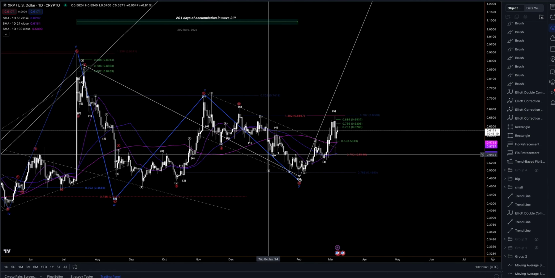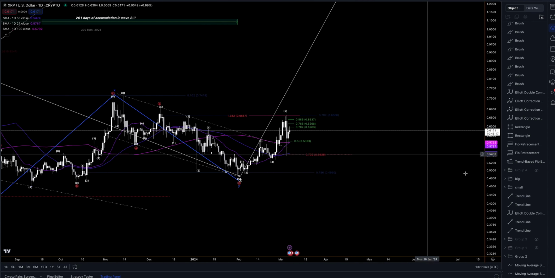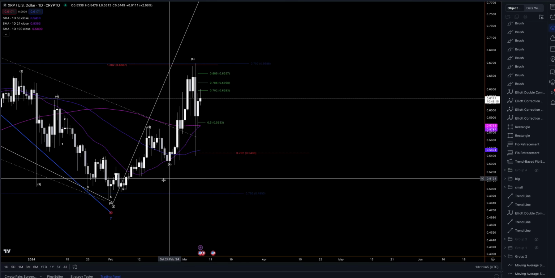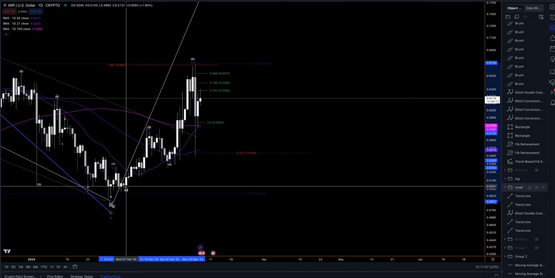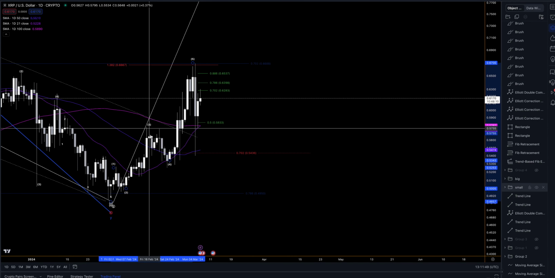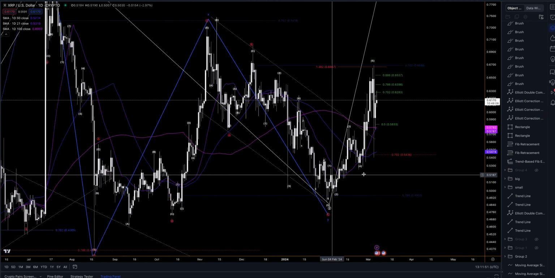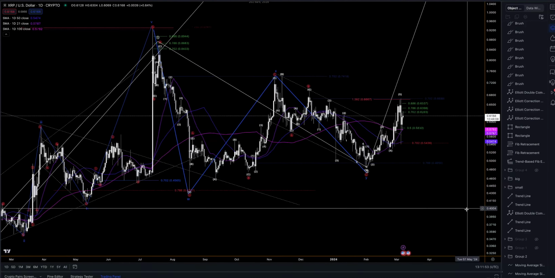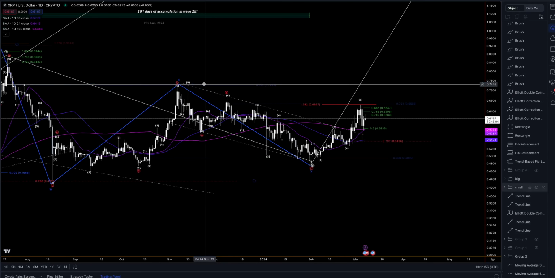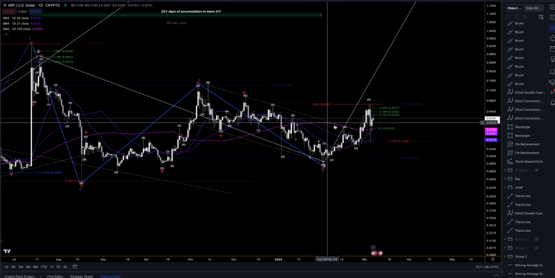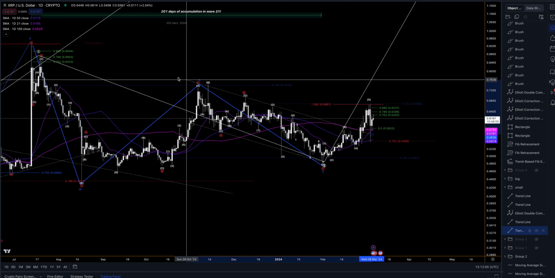Now we're above all of the moving averages, and we're starting our impulsive structure to the upside. This does not look corrective. We're also in a descending broadening wedge, and we broke out of it.